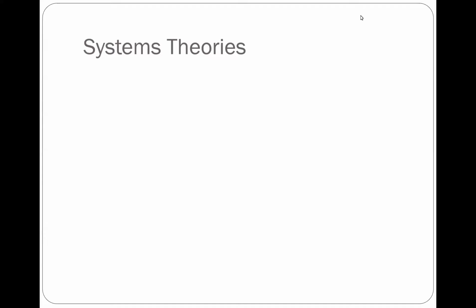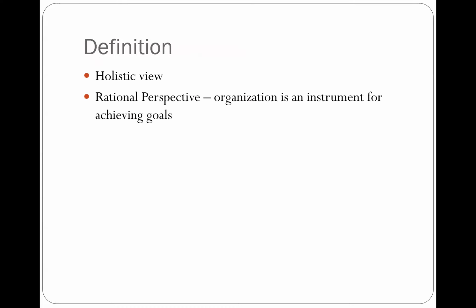Tonight, we're going to start our discussion of systems theory. One of the important things about systems theory is that it moves us away from the more insulated, linear focus on organizations. When we looked at the classical school, and even some of the neoclassical schools, we were looking at the organization.